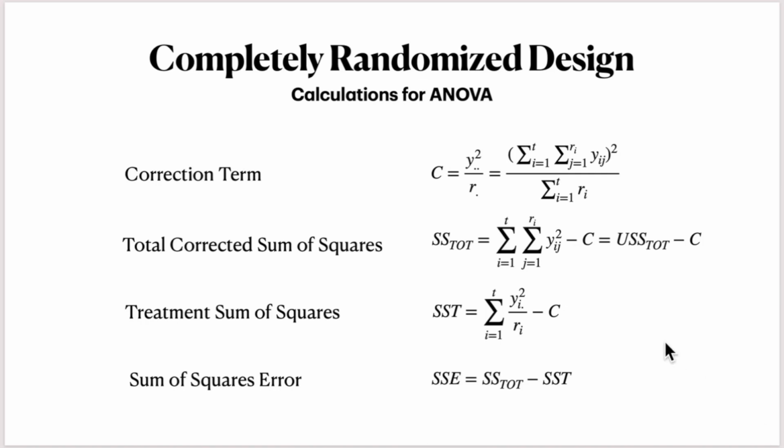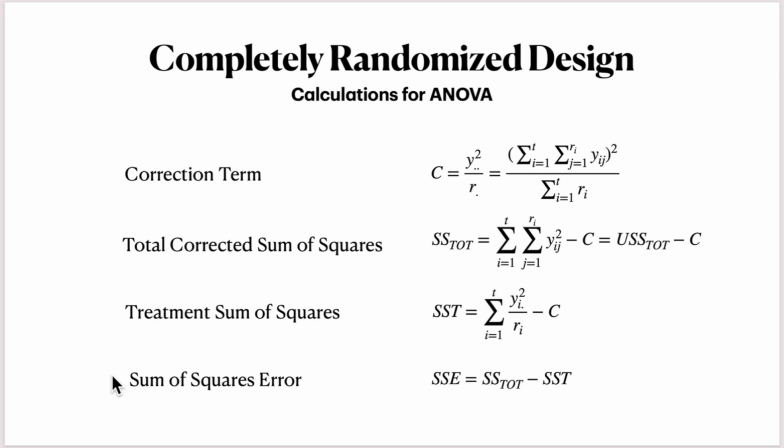Now, in the context of a completely randomized design, remember that we partition the total sum of squares, and in particular the total corrected sum of squares, into two pieces. The component due to the treatments, or the between sample variability, and then the sum of squares within, which we also call the sum of squares error. Now, when I first teach this, I have students calculate first the total sum of squares and then calculate the sum of squares error.